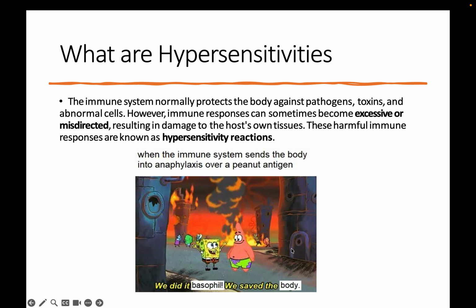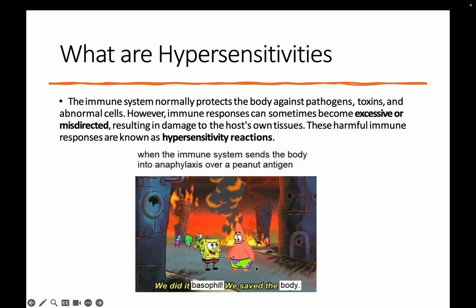Imagine here you have basically basophil SpongeBob and eosinophil Patrick, that are trying to protect their town, which is your body, and they do it so well, but a bit exaggerated and a bit misdirected that they destroyed it as well.